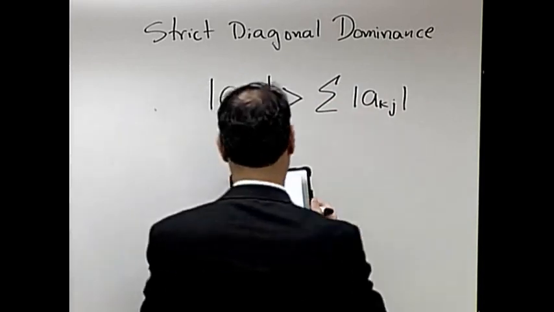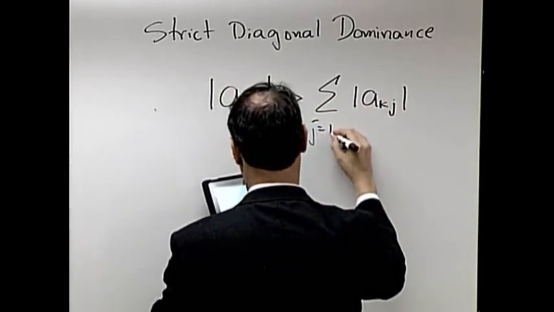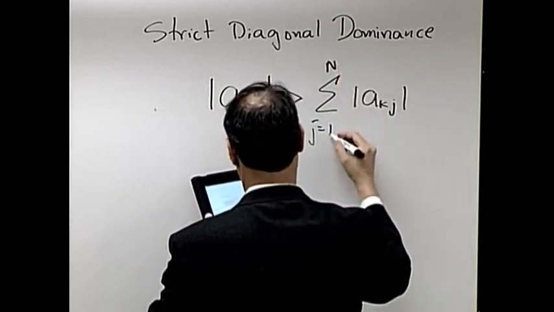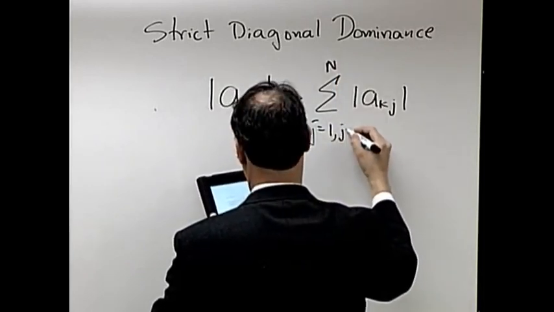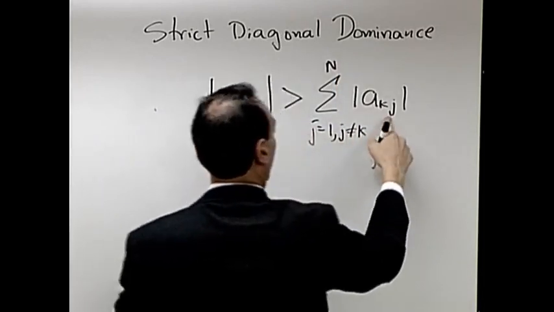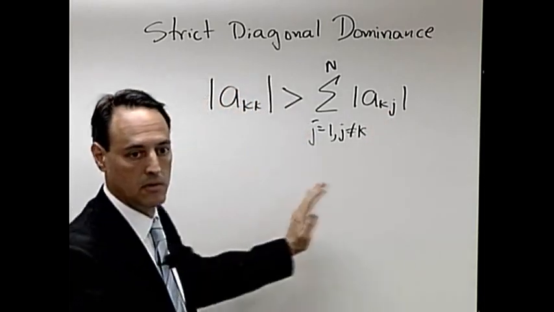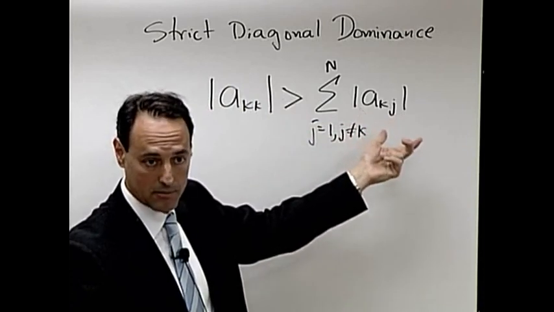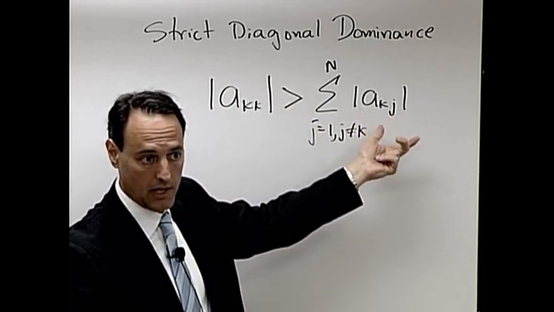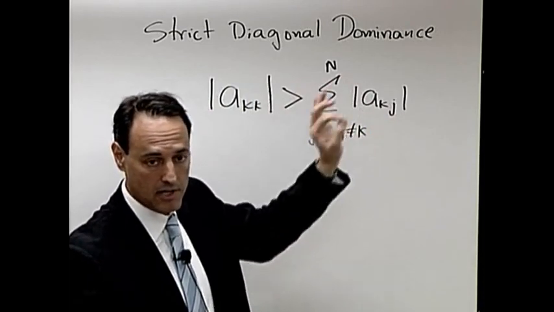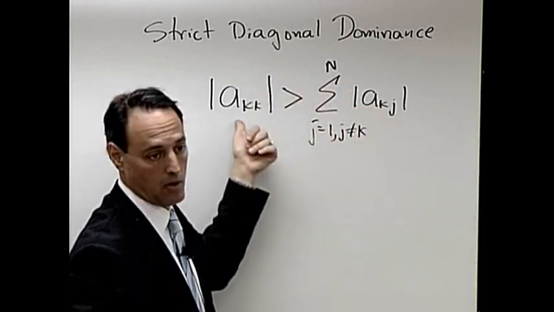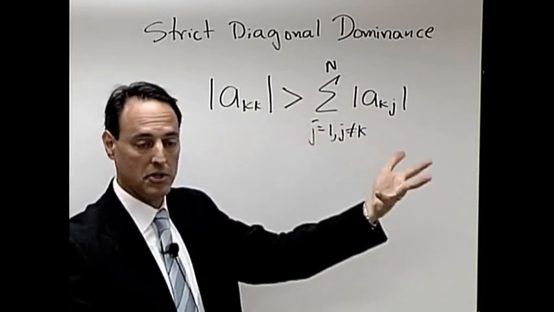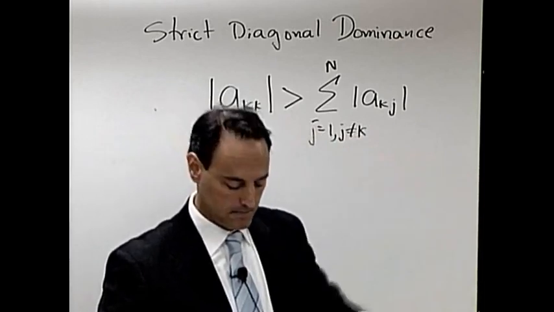Okay? So you walk across all the columns except for the diagonal term. There you add up all their absolute values, and if for every diagonal element this thing is smaller than this, then it's said to be a strictly diagonal dominant matrix.